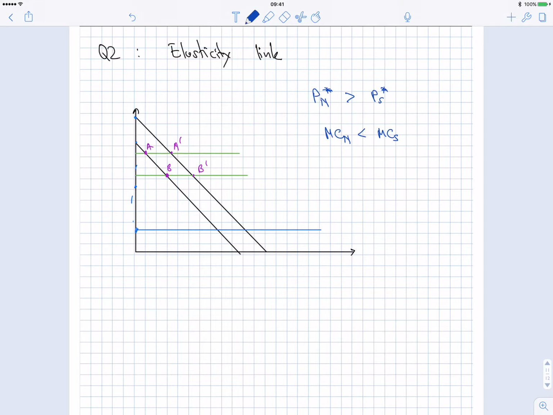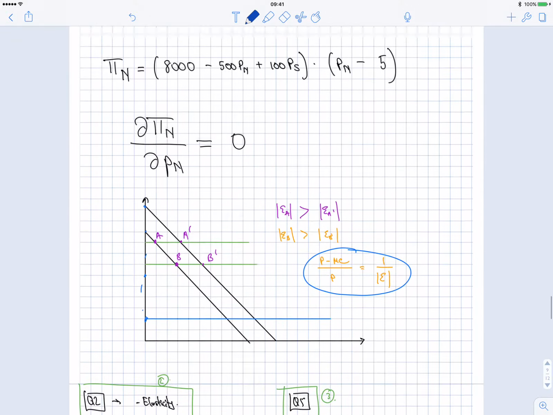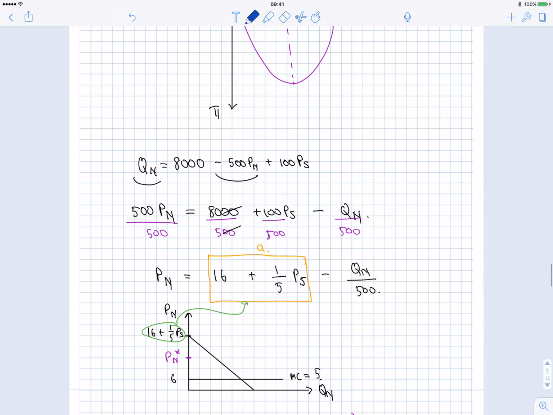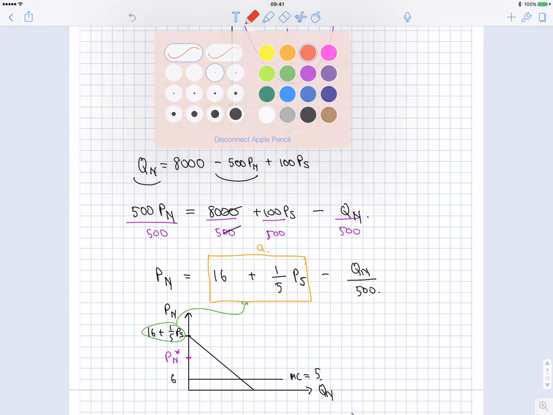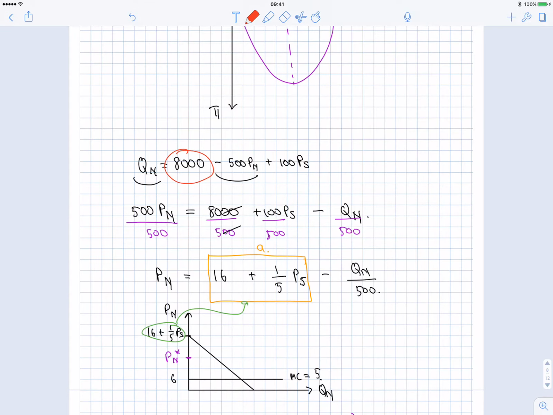What the question is forgetting to tell you, and that's your job to realize, is that if you think of a demand function, price and quantity, and you think of this as marginal cost, in the north case you will notice that the demand of the north side starts with 8,000.